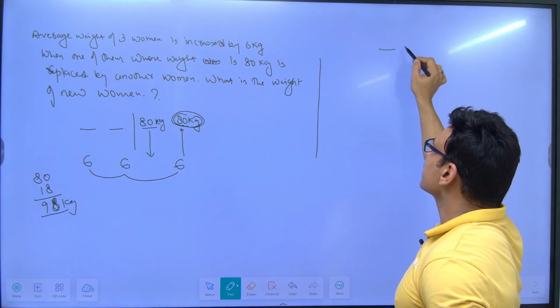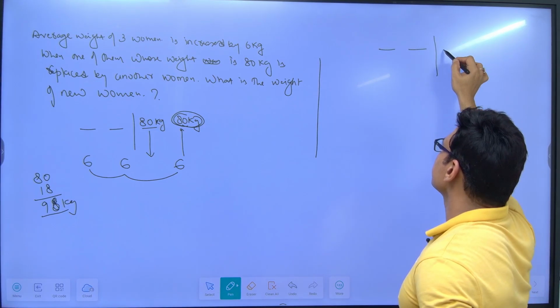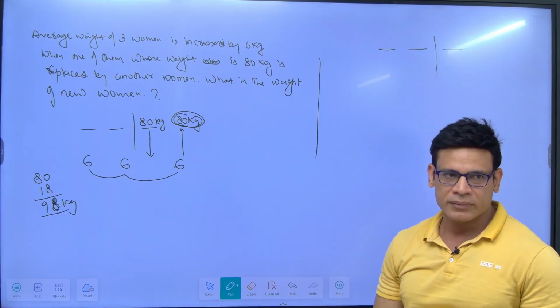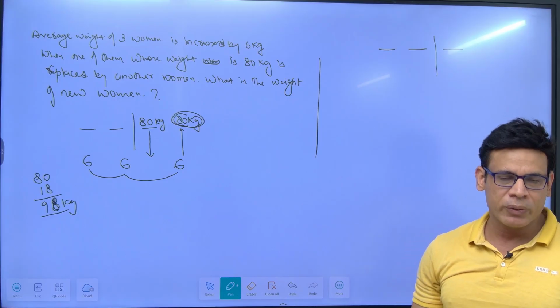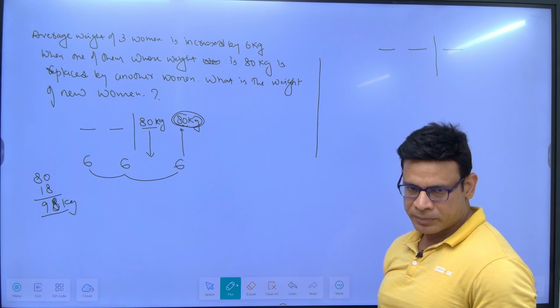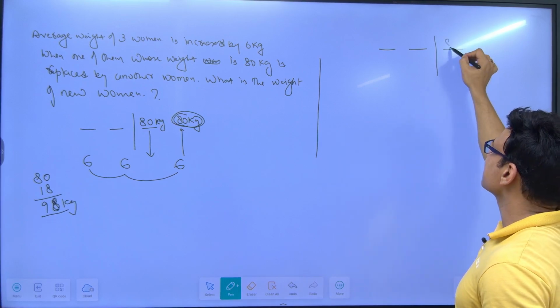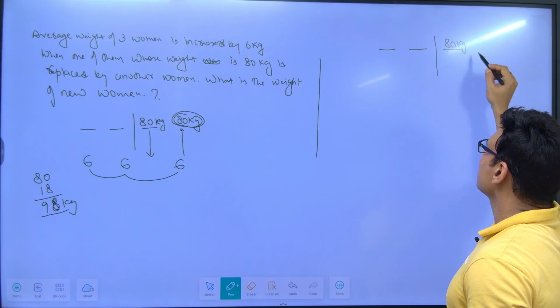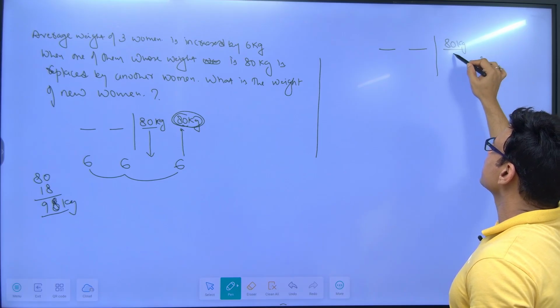Initially, there are 3 women. The third woman, who is going out of the group, has a weight of how much? 80 kg. Right? She is going out.